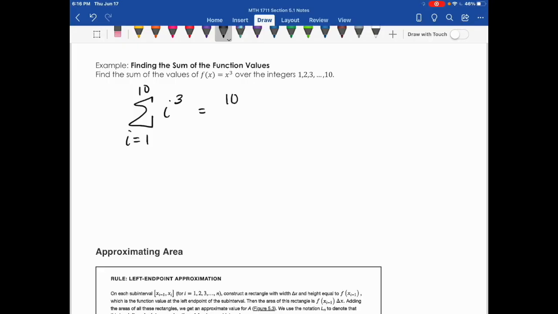So we're going to use the cubic formula, where we plug in n is 10. We're going to have 10 squared times 10 plus 1 squared all over 4. When we put that in on the calculator, we're going to get 3,025.